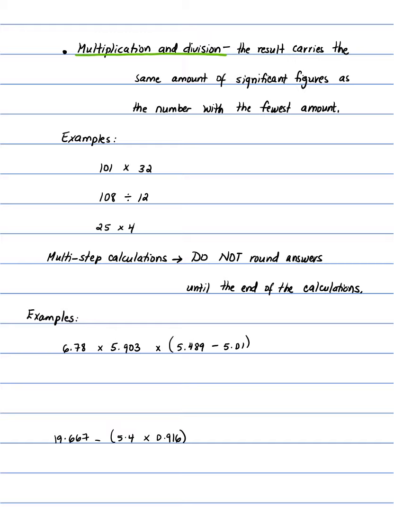So the first example here, I have 101 times 32. So you have to remember your rules on how to determine how many digits are significant in a number. That you need to know. So when you do 101 times 32, I'm going to write down how much that is when you do that in your calculator.